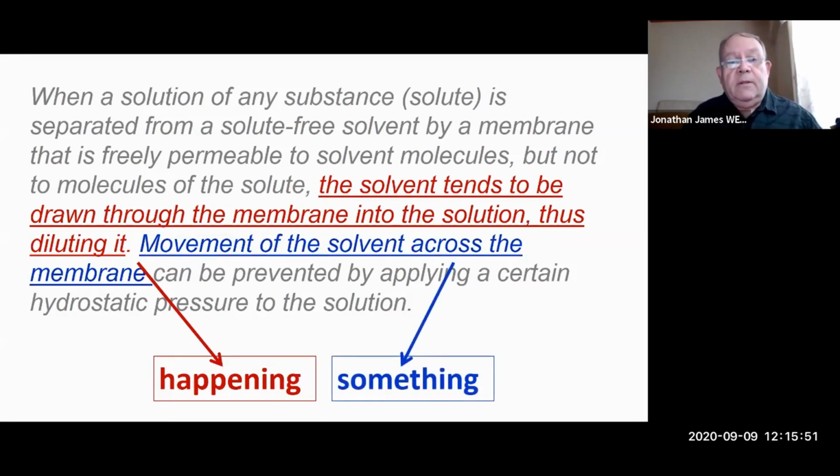But then, in the next sentence, all of that happening, all those verbs have now been repackaged into a noun. Movement of the solvent across the membrane. We now see it as a something, turning a happening into a something.